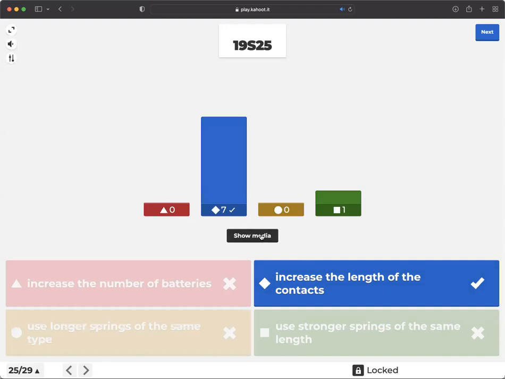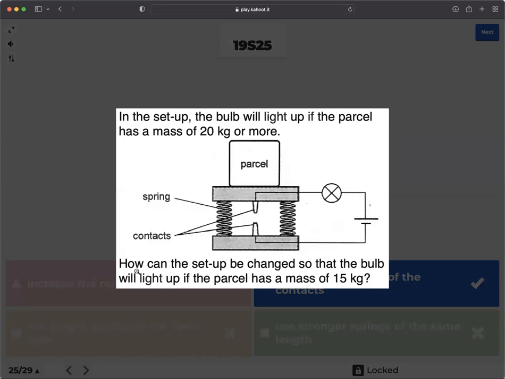Okay, most of you got this correct. One of you should say use a stronger spring. How can the setup be changed so that the bulb will light up if the parcel has a mass of 15 kg? At first the mass is 20, so you're going to reduce the mass and it should still light up. So you need the spring to be either weaker or shorter.